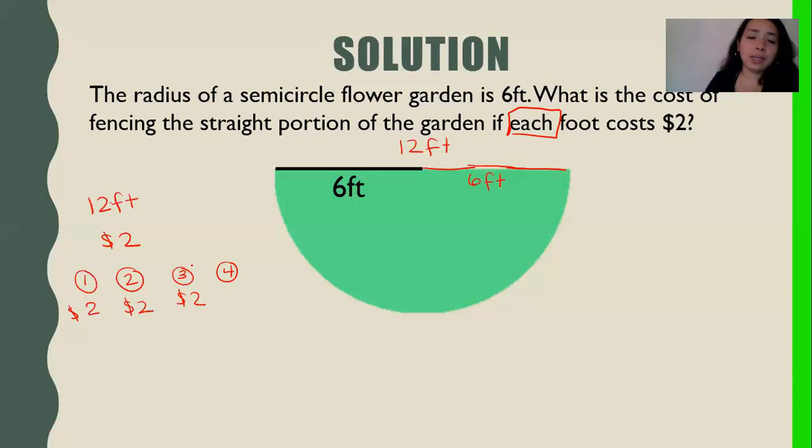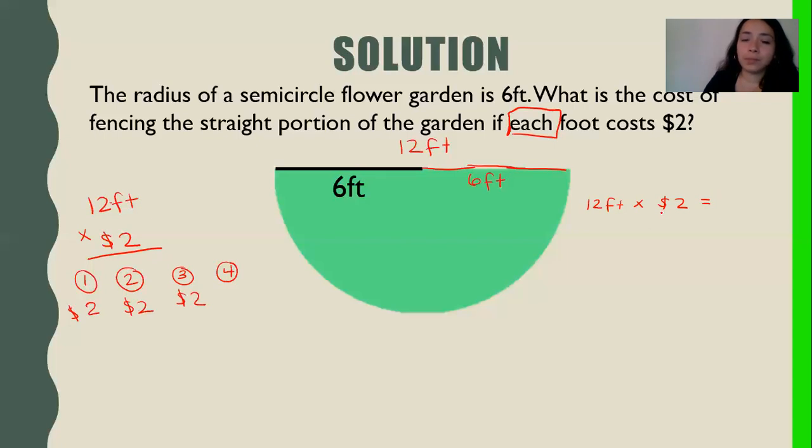Multiplication. Because again, if each foot, so 1 foot, is $2, my second foot would cost me $2. Third one, and if I have to keep going 12 times, I'm multiplying 12 feet by $2. So what would that equal? 12 times 2, right?